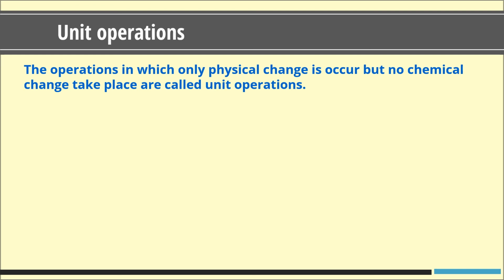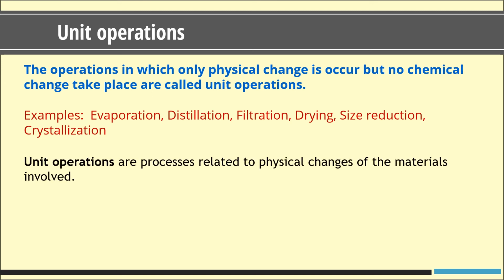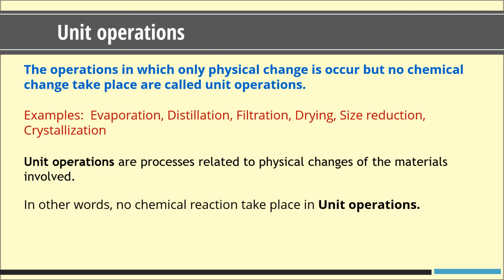The operations in which only physical changes occur but no chemical change, that means no chemical reaction takes place, are called unit operations. Examples are evaporation, distillation, filtration, drying, size reduction, crystallization and many more. So unit operations are the processes related to the physical changes of the materials involved. In other words, no chemical reactions take place in unit operations.